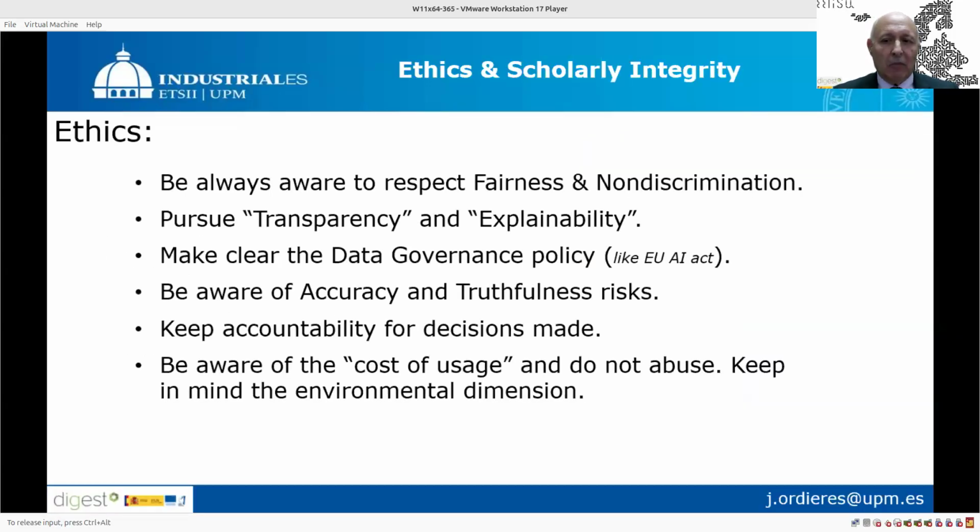So, recommendations or ethical points to be aware of. Be always aware, to be fair, let's say, and non-discriminatory in the use of the AI. Second recommendation, very important, is to be transparent about how you use AI and the explainability of what you did.